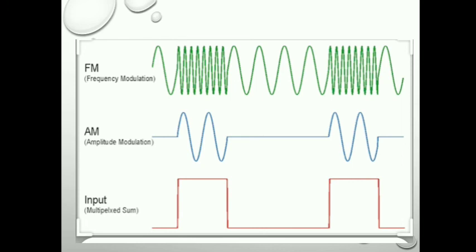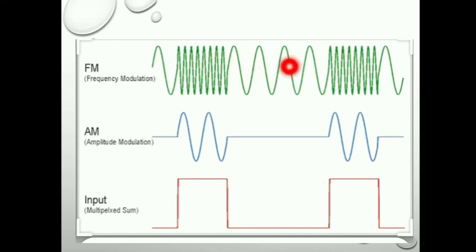And I'll give you the difference between frequency modulation and amplitude modulation, FM and AM. See, this is frequency modulation. See, this is the frequency, number of peaks: here frequency high, here frequency low, here frequency high. So in frequency modulation, we change only the frequency of the signal.